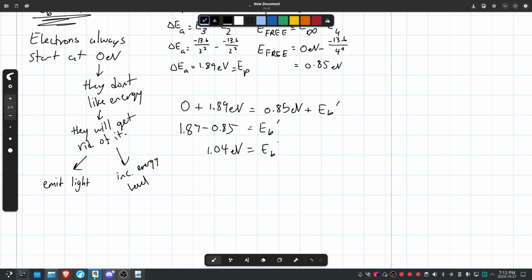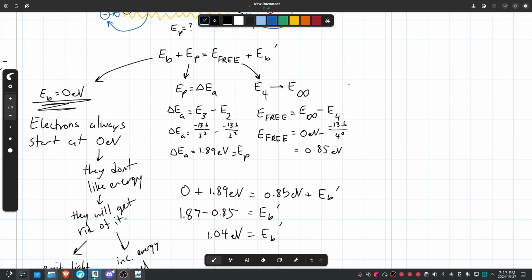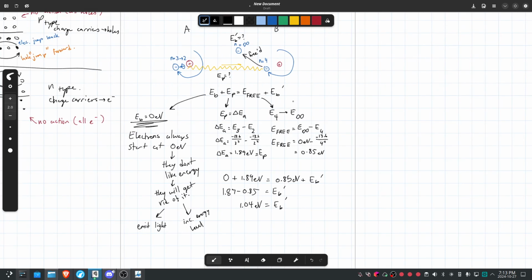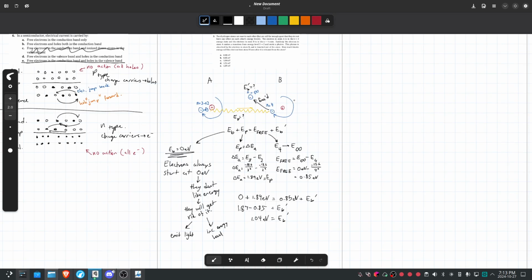And like I just said, although it has this energy, this electron really doesn't like it and will almost certainly shoot it out as a photon in a fraction of a millisecond afterwards, so that it ends up with 0 electron volts of energy. Is that clear to you guys? Because I know I sort of switched things up halfway through.